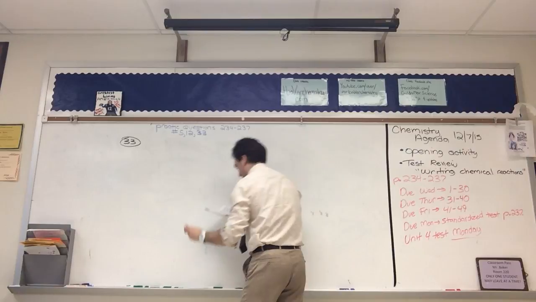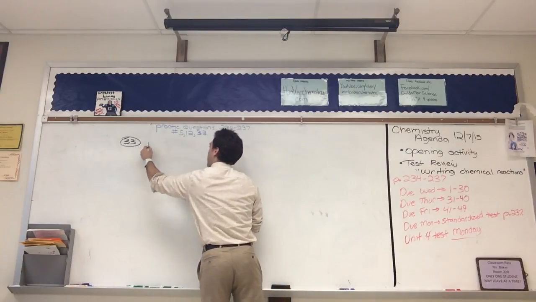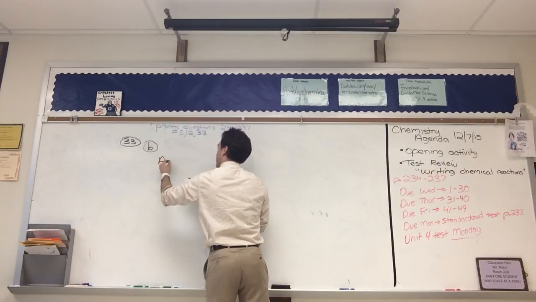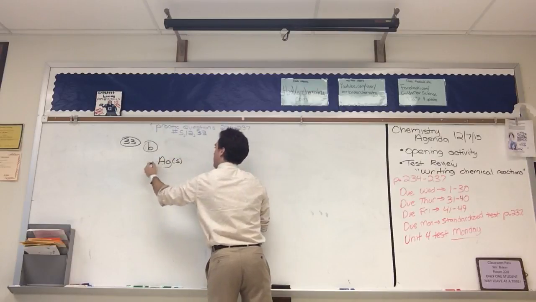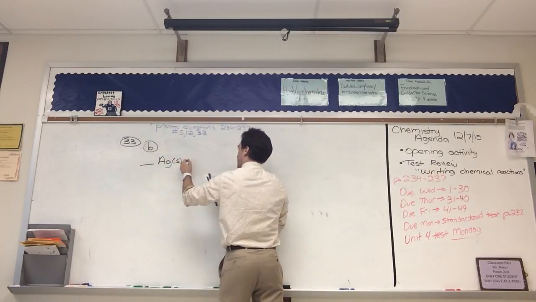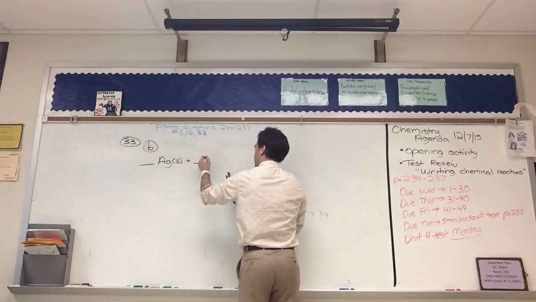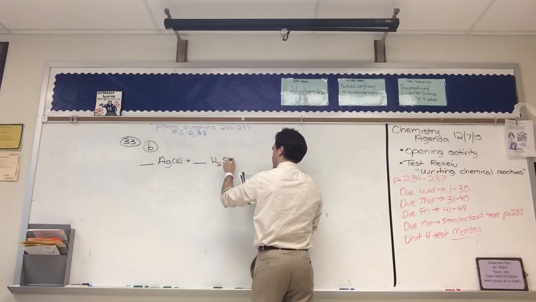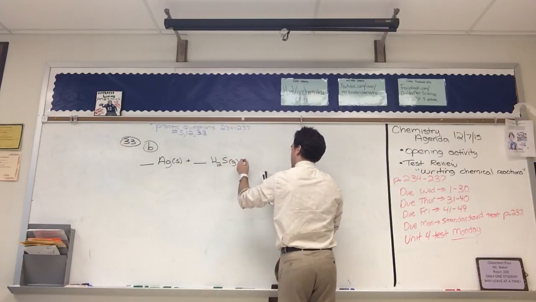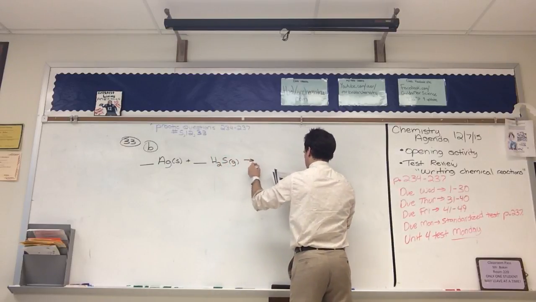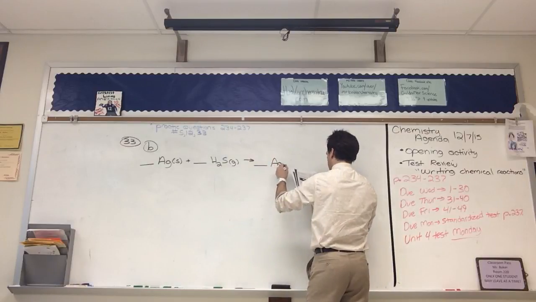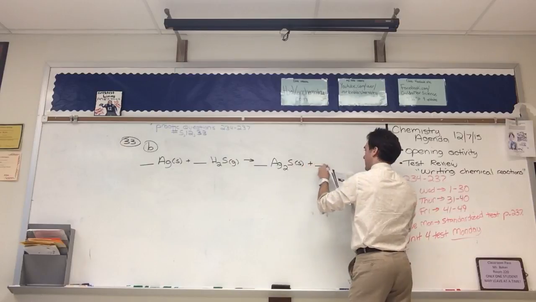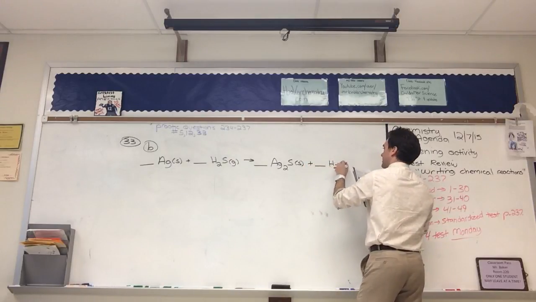B, you can see some of the tricks here. So we got silver solid plus S2 gas, blank Ag2S solid plus blank H2 gas.